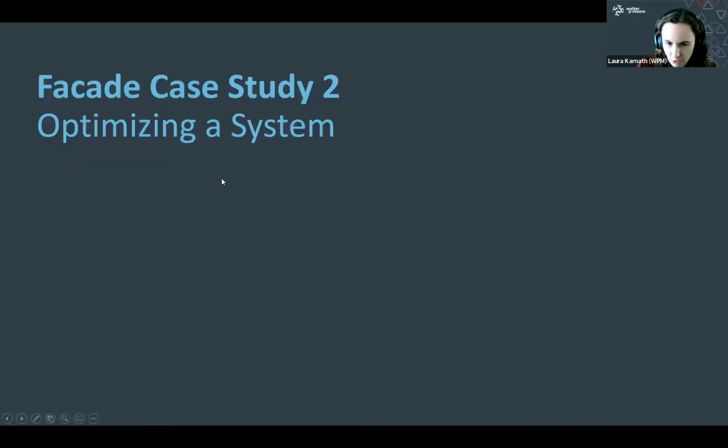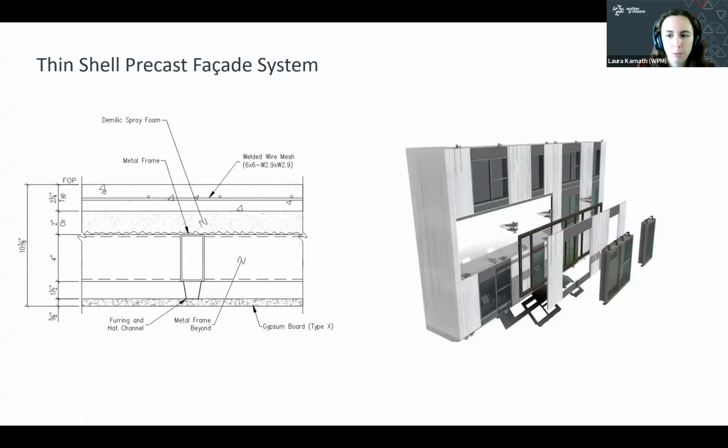So now I'll get into the second case study, which is a little different. This is starting with a system that we already know what the system is, and then looking at how to get optimizations within that system. So this was a little LCA that I worked on with Clark Pacific for their thin shell precast facade system.